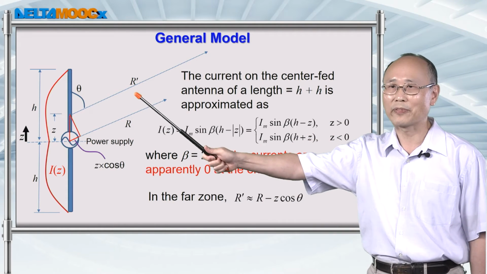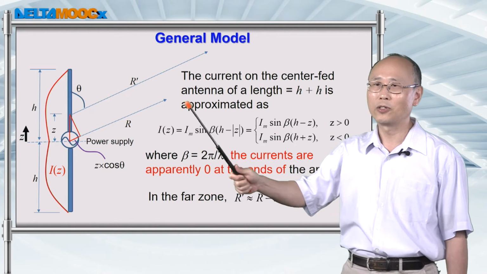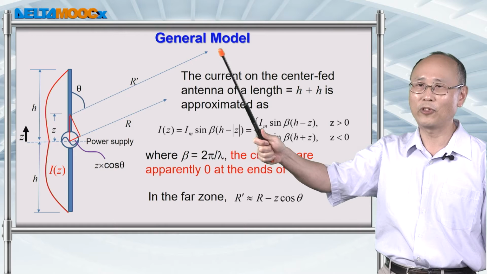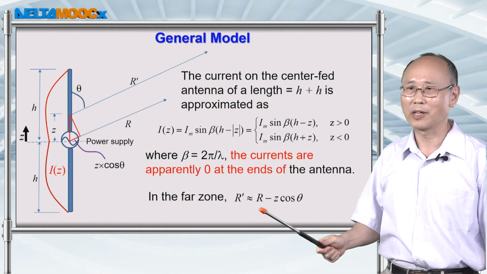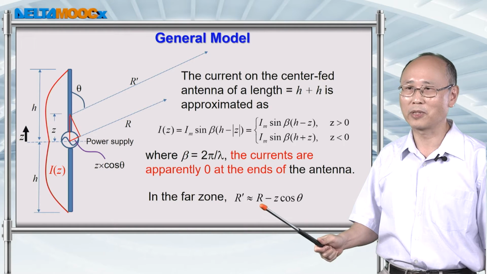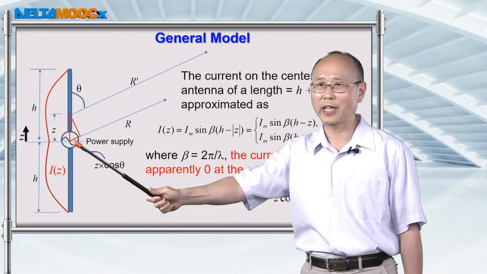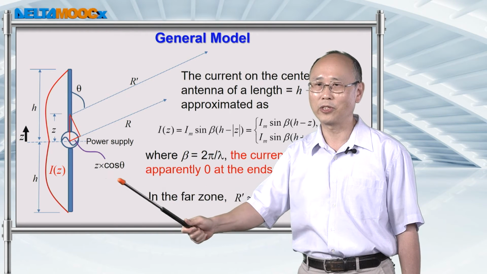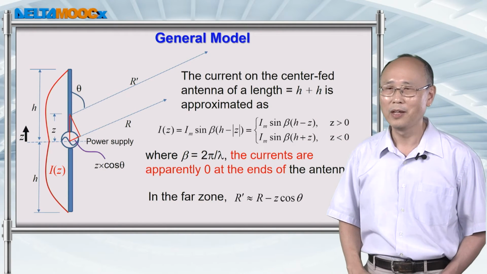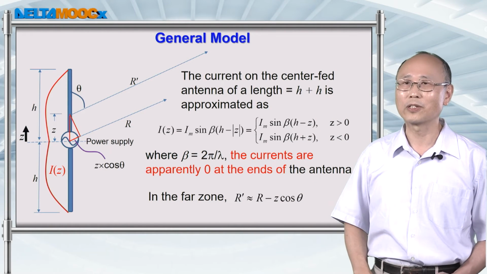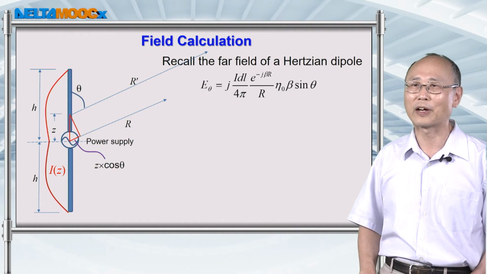So we have to derive a formula that describes r prime in terms of r. If this field point is far away from this antenna, we can have this approximation. R prime is approximately equal to the length of r minus a small section of the length right here, which is z multiplied with the cosine theta. So given these two expressions, we'll be able to start to calculate the far field for this linear antenna.